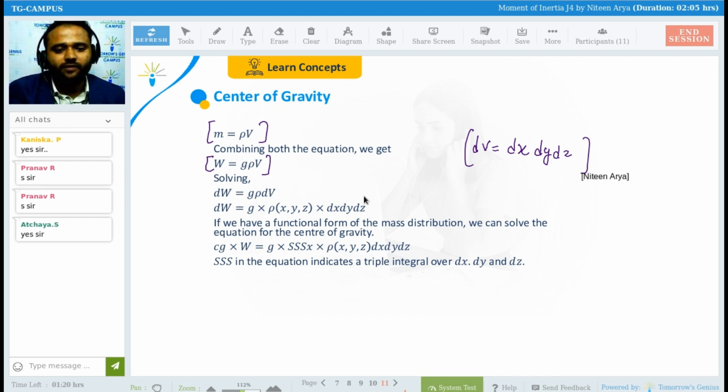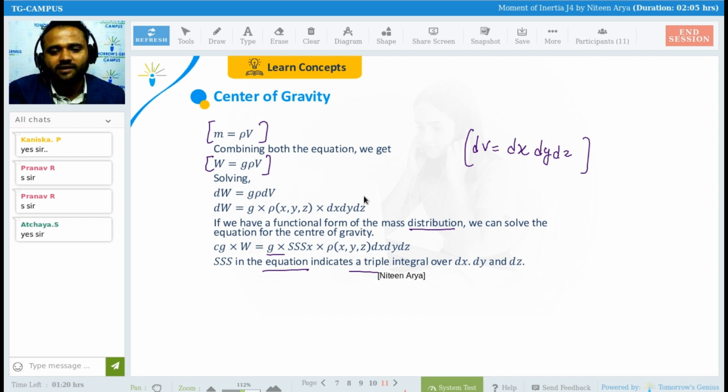So if we have a functional form of the mass distribution, either the surface mass density, the linear mass density, or the volume mass density, we can solve the equation for the center of gravity. Cg into W equals the triple integral of x into rho g dV.